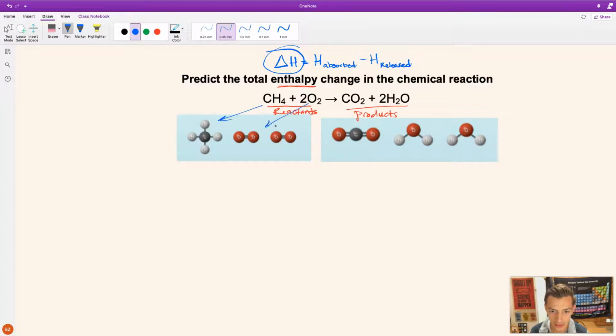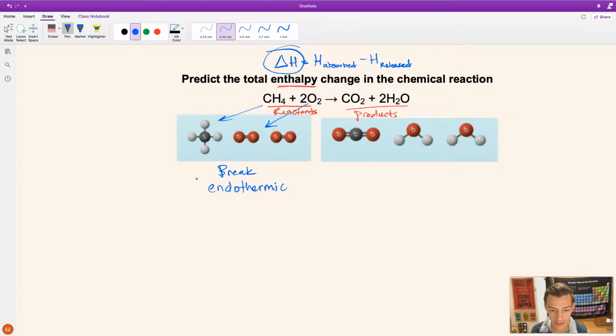One of the things to remember is that when you go through the reactants, which are represented down here, and turn them into products, you must first break those chemical bonds. Every time you do a chemical reaction, you have to break a bond in order to form the new ones. And breaking bonds is an endothermic process by definition, because by breaking a bond, you're putting energy into that chemical to pull those bonds apart.